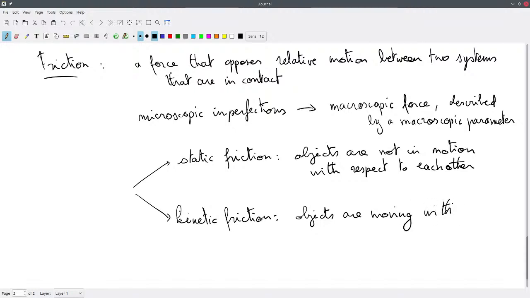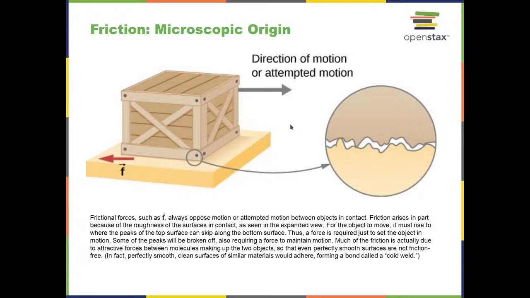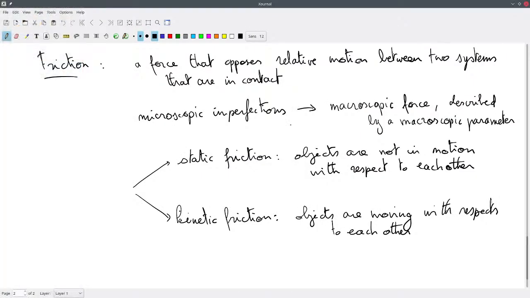So this is when maybe you get a friend to help you push that crate, so you get the crate moving, and at that point there's still going to be friction that slows you down in a sense, that provides a force opposite to the direction in which you've gotten the crate moving, but it's going to be a force of kinetic friction. And static friction is always going to be greater than kinetic friction.